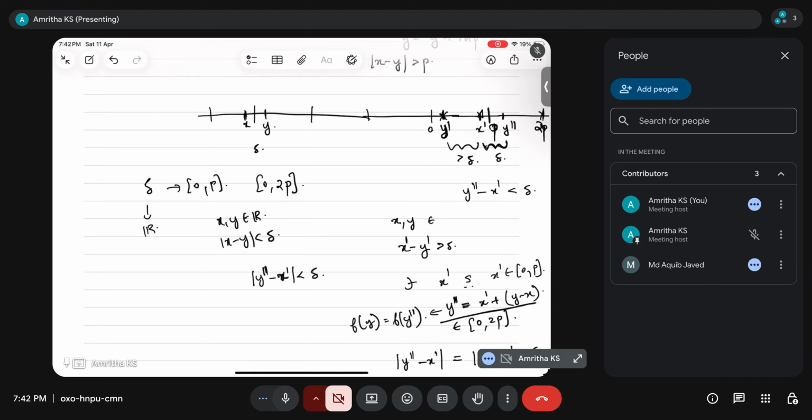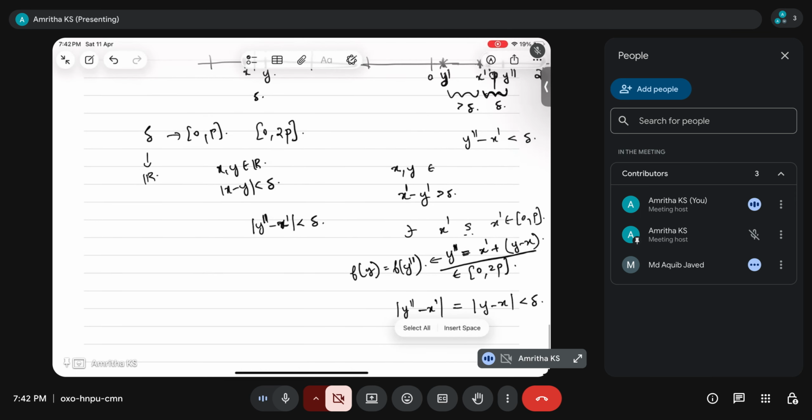In order for that to happen, y must be y double dash plus something into p. Why? For this to happen, you need y double dash to be kp plus y.